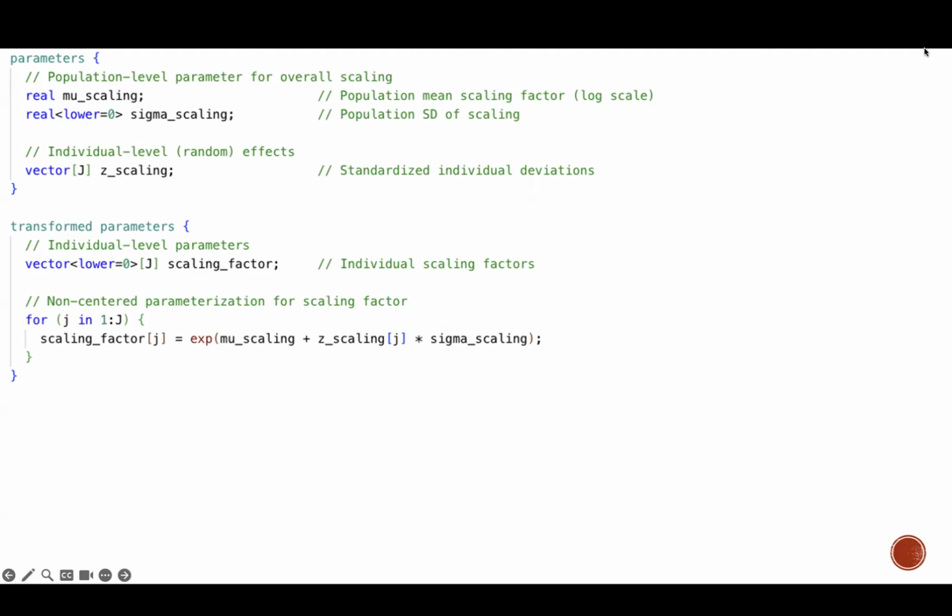What is this? This is again what we've seen already. It's the rescaling and normalization of individual variability, because the model tends to sample much better when that parameter, z-scaling, is distributed along a normal distribution with a mean of 0 and a standard deviation of 1. Therefore, we extract the mean, we subtract the mean, and we multiply by the standard deviation.